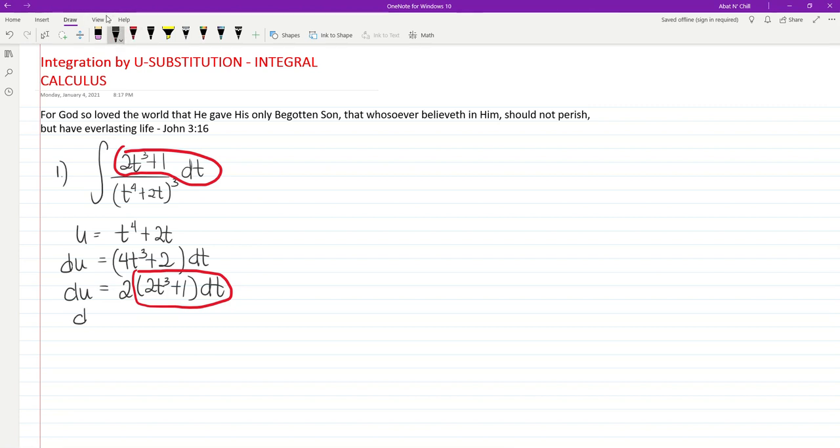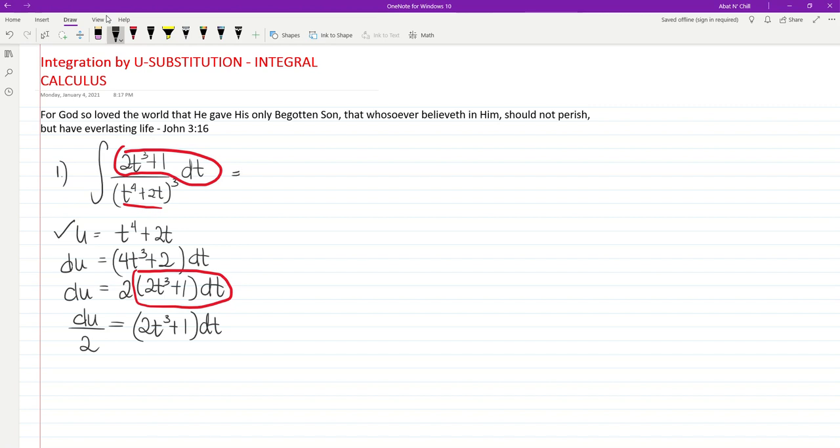We can divide both sides by 2 to eliminate that 2, leaving on the right side of the equation 2t cubed plus 1 dt, which is entirely this. And this denominator, t raised to 4 plus 2t, we let as our u.